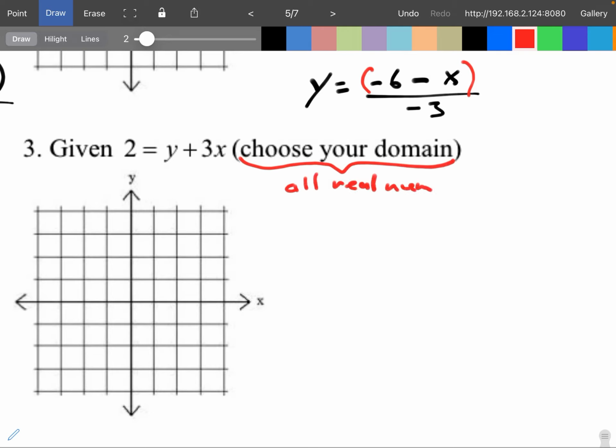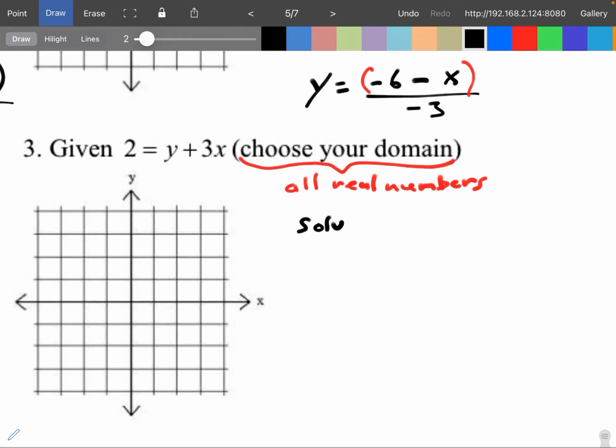This one again, first thing I'll note on here says choose your domain. That means your domain is actually all real numbers. Well, if it's all real numbers, you can choose whatever you want for your domain. You could choose any real number to plug in for x as your input.